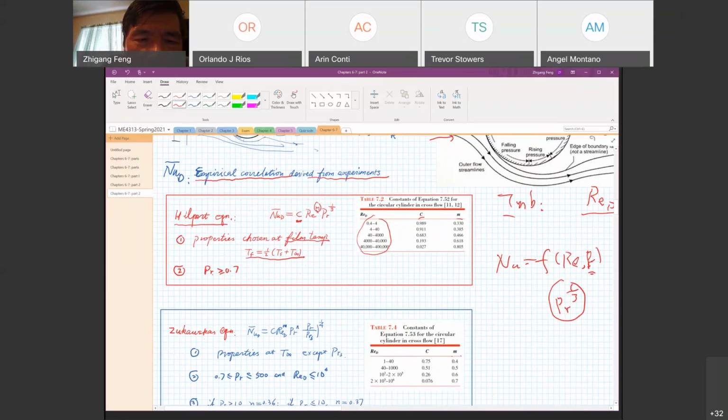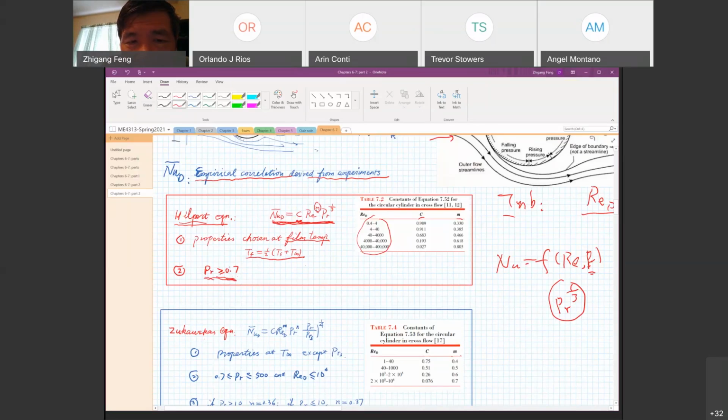It requires the Prandtl number to be greater than or equal to 0.7, because the experiments Hilpert did were based on air, which has a Prandtl number of 0.7, water, which has a Prandtl number of about 7, and oil, which has a much higher Prandtl number, a few hundred. He didn't use any gas with a Prandtl number below 0.7, so that's why he put in a limitation. But very likely, this correlation is still applicable for Prandtl numbers below 0.7.